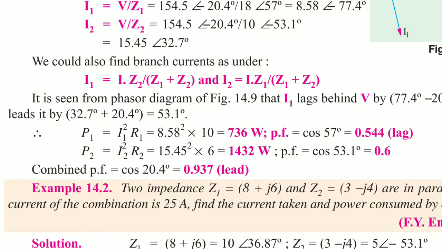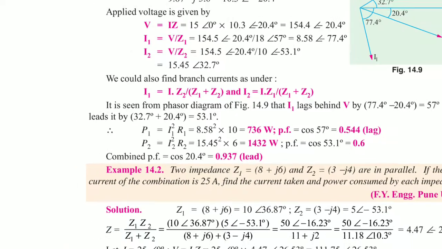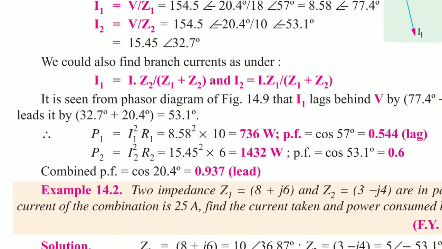And also the power factor of branch 1: here the angle between V and I1 is 57 degrees, so cos phi 1 is cos 57 degrees.